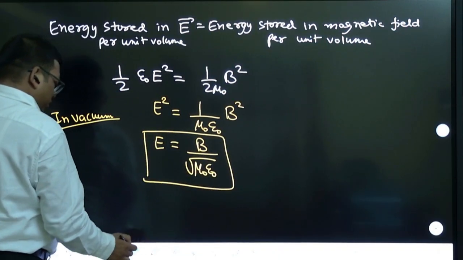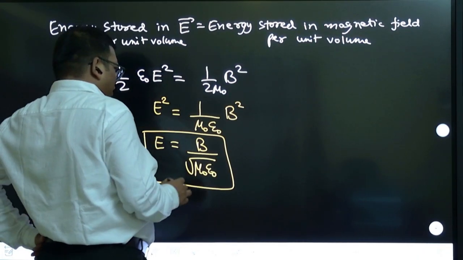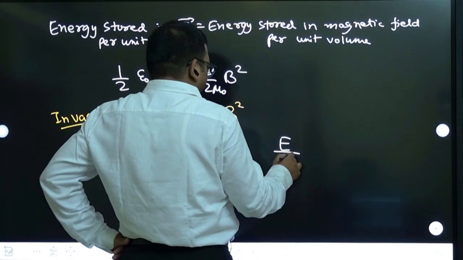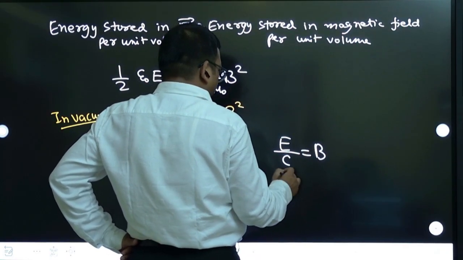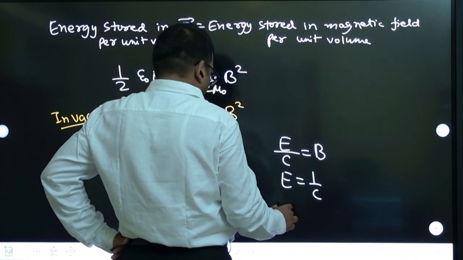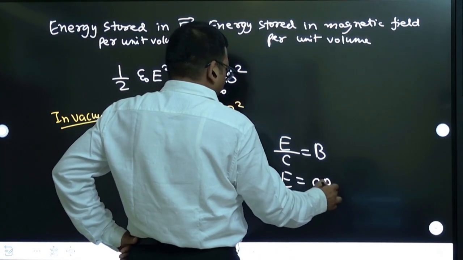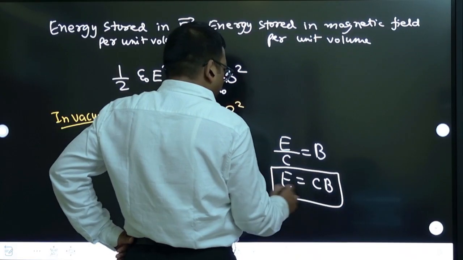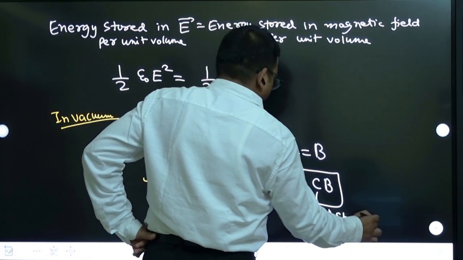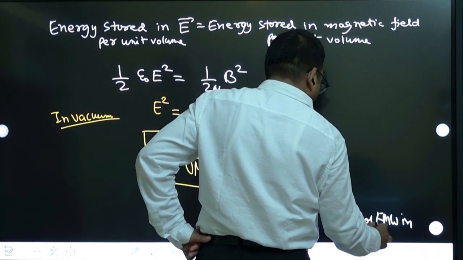So E by B is equal to 1 by root under mu naught epsilon naught. This is what C is, because we have seen that E by C is equal to B, so E is equal to C times B. C is the speed of light in vacuum, the speed of electromagnetic wave in vacuum.